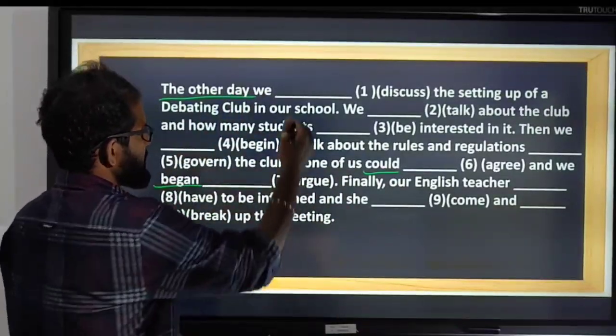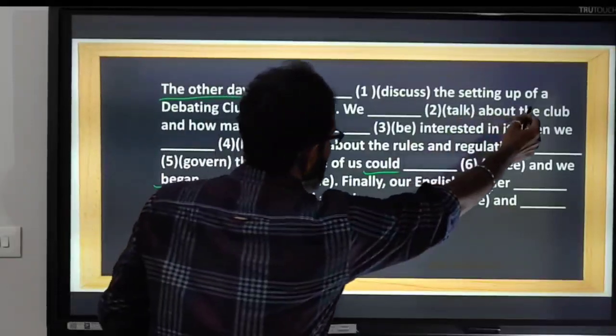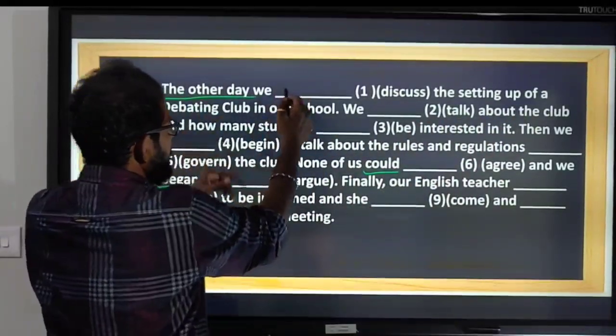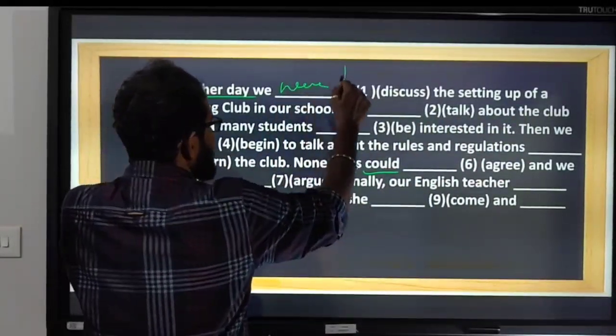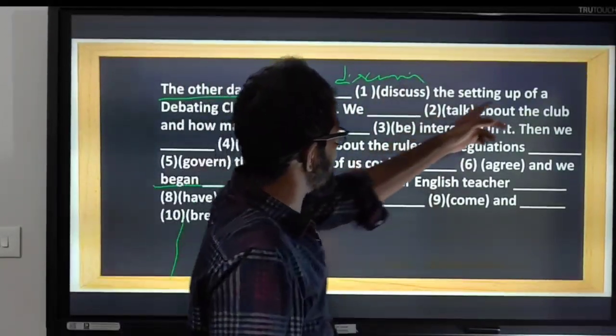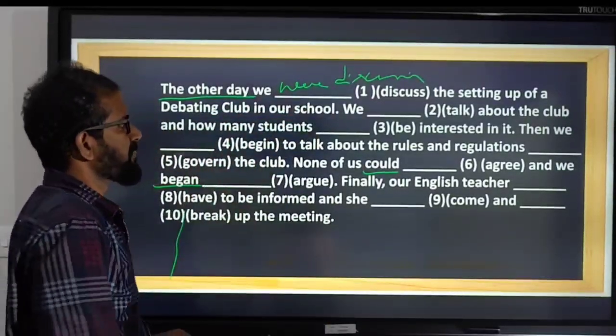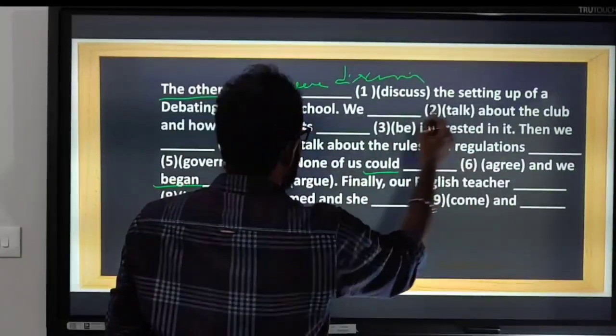The other day we discussed the setting up of a debate. The other day we were discussing the setting up of a debating club in our school. We talked about the club.